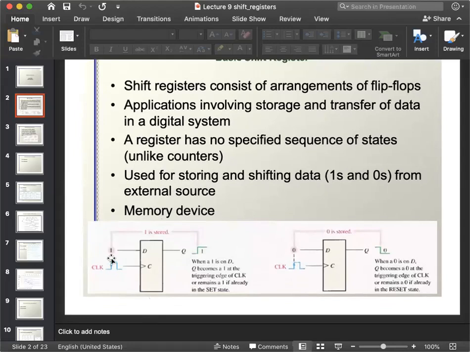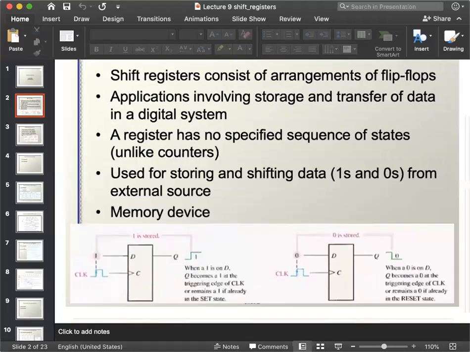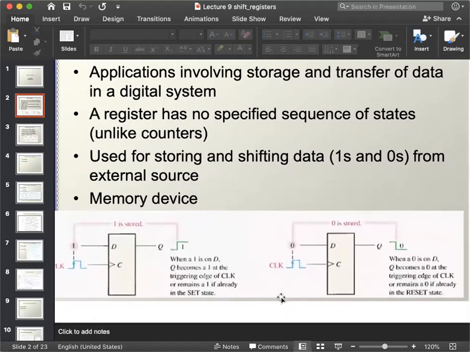So if I want to store one, the clock will be high. You can see the clock will be high for a while, and if the clock is high then data 1 will be stored. The clock goes there, and as it is 1, the clock cycle is high here. I guess all of you can see it. You have to look carefully because you have to draw the timing diagram here. So for one bit the clock cycle will be up from its particular level.